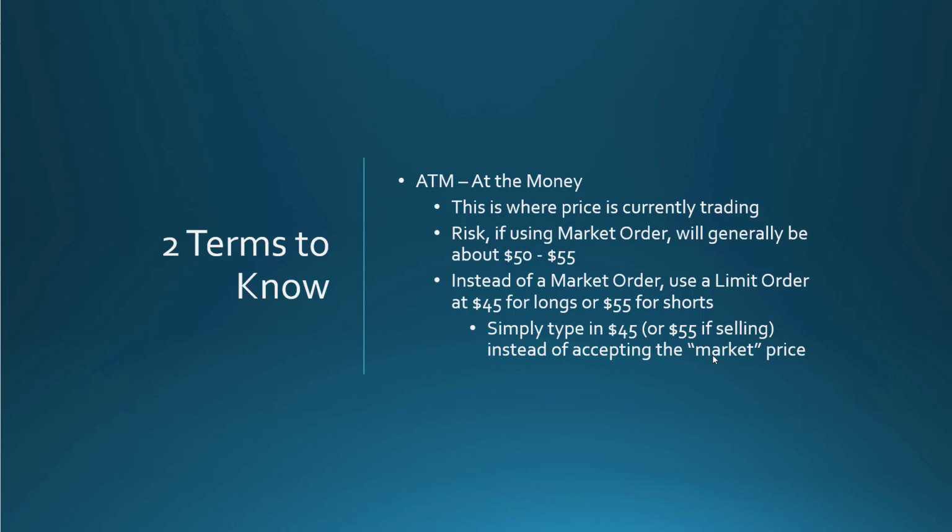However, if you use a limit order, you can actually set your entry price at 45 for longs and 55 for shorts. All you have to do is type in 45 if going long, which means you're buying, or 55 if you're shorting the market, which simply means you're selling. And that way you're using a limit order, not a market order.